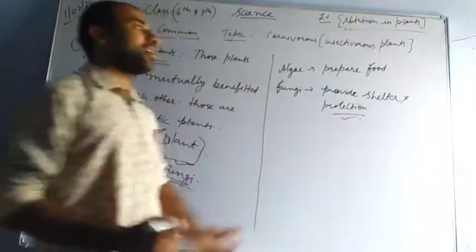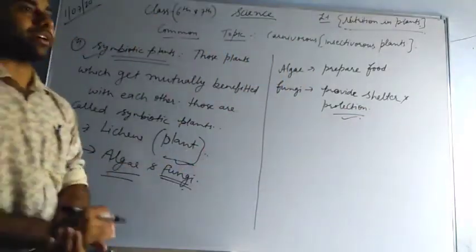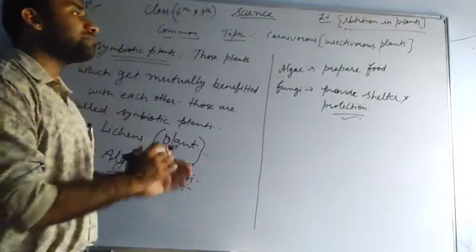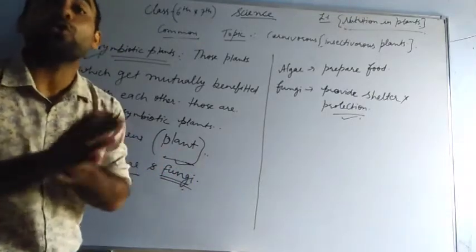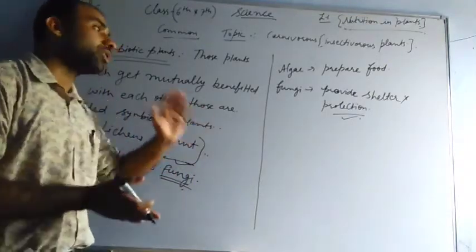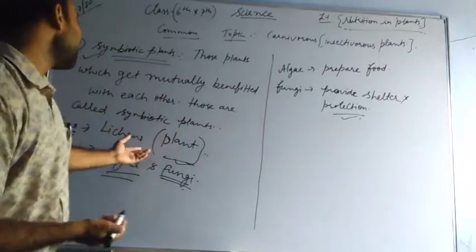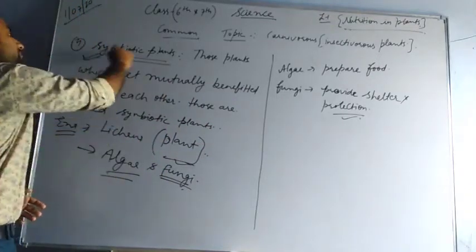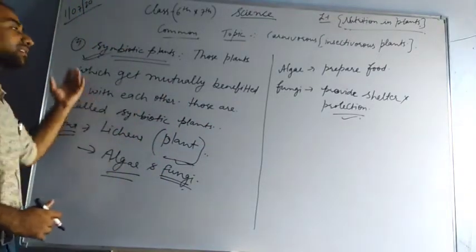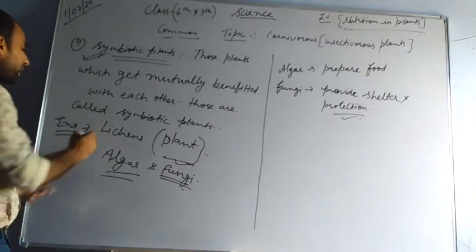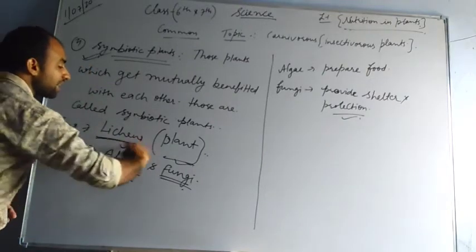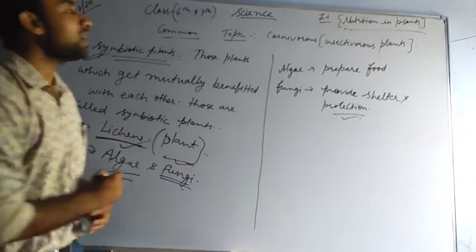So both are mutually benefited. Both are getting benefits. If both are mutually benefited, then they come under symbiotic plants. The example for the symbiotic plant is lichen.